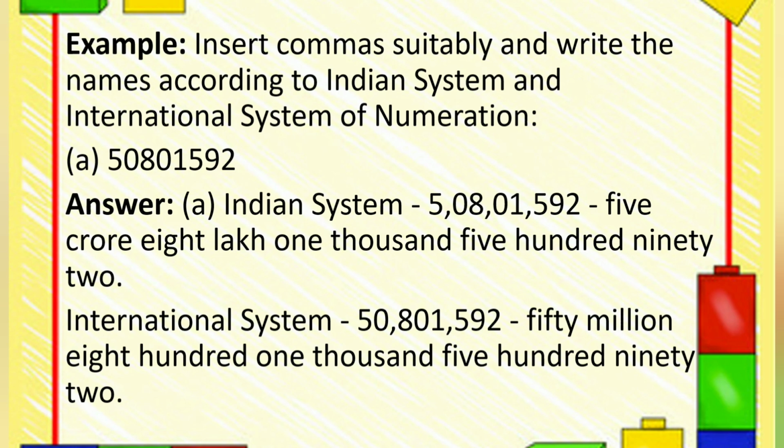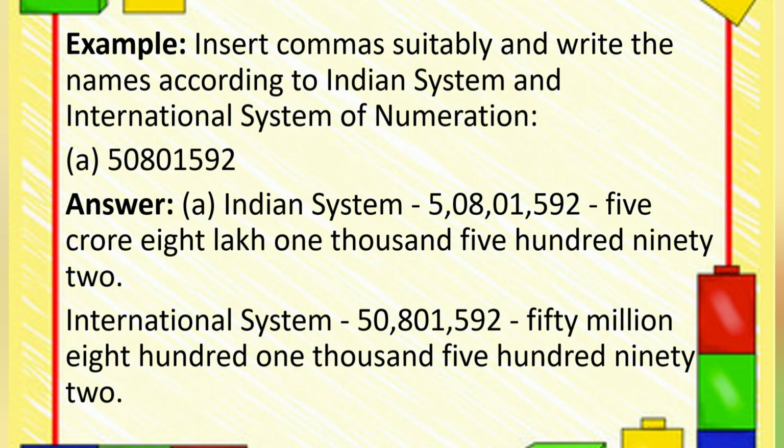Example, insert commas suitably and write the names according to the Indian system and international system of numeration. Children, you can see the number is given, 50801592. Answer. First you have to insert commas. So in the Indian system of numeration, we have commas after 3 digits starting from the right and thereafter every 2 digits.